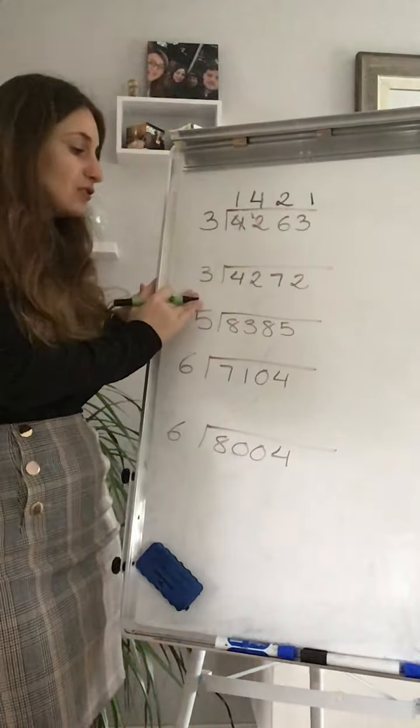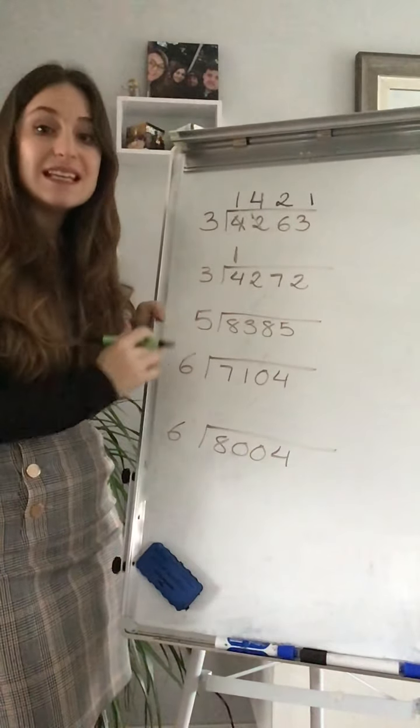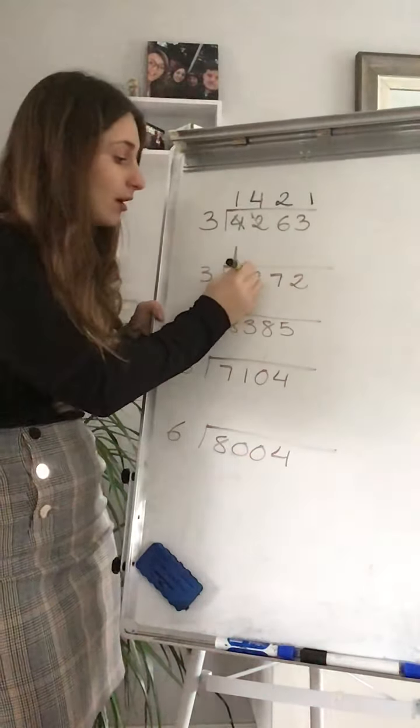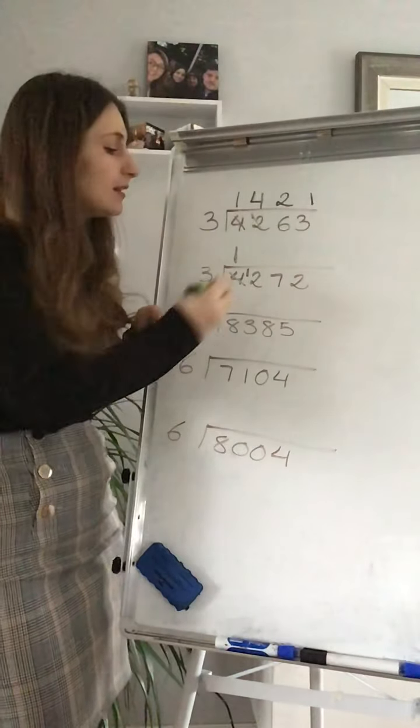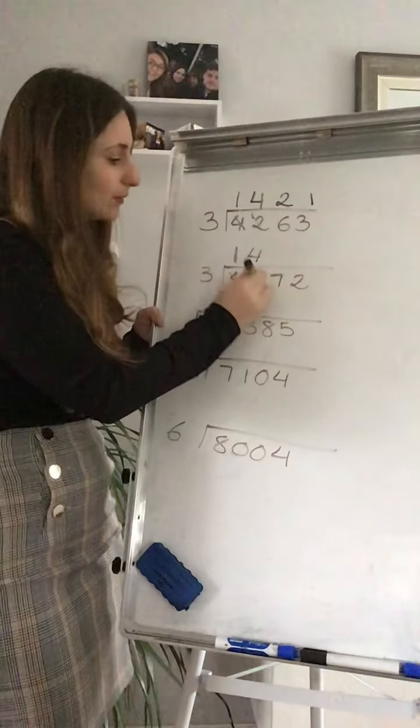Let's go to my next one. Again, 4 is not on my 3 timetable. The closest one is 3, and I can get a 3 by timing. 1 times 3 is 3. To 4, I need to carry 1 with me. Now I have a 12. 12 is on my 3 timetable. 4 times 3 is 12. Got it?